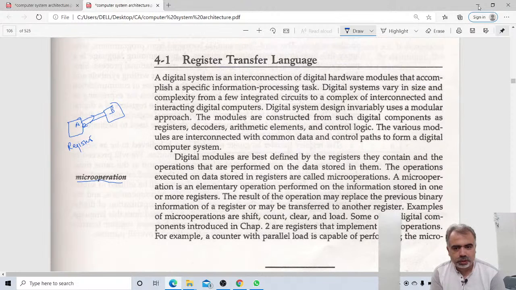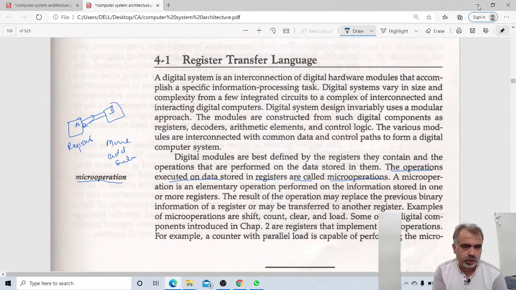This is very important, and this definition will be asked to you: what is a micro operation? The operations executed on the data stored in the registers are called micro operations. If I ask you what kind of operations we can do on data stored in a register, we can move the data, we can add the data, we can subtract the data from each other.